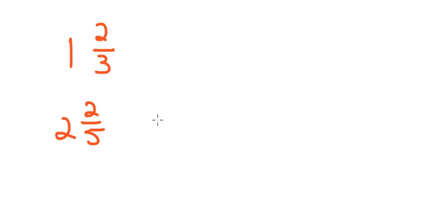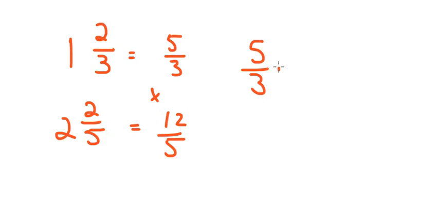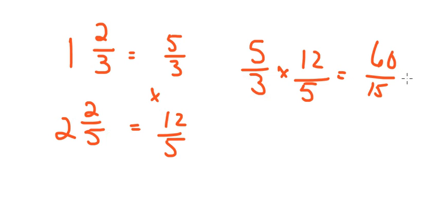Okay, so this is going to be 12/5. So this is going to change to 12/5. And what's this one going to change to? Okay, so now it wants me to take 5/3 and multiply it by 12/5. So now I can go 5/3 times 12/5. And what's my answer there, Mason? Can that be reduced?